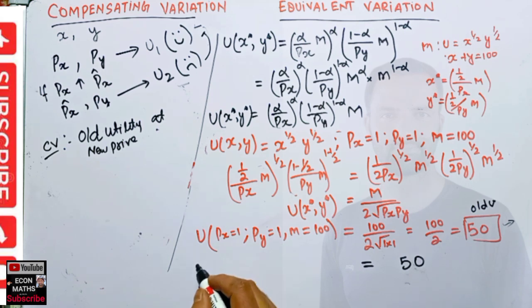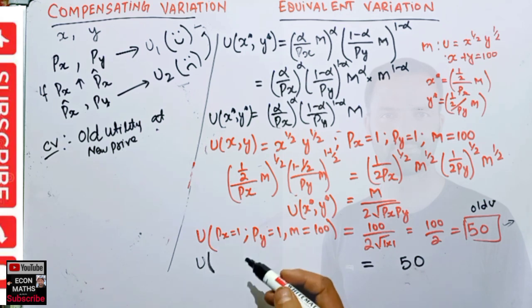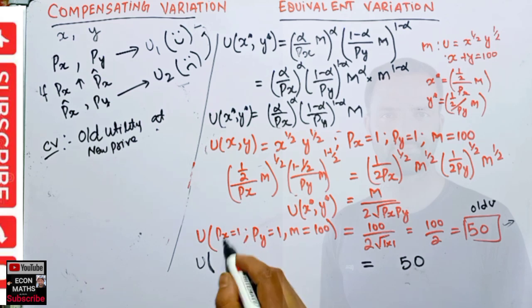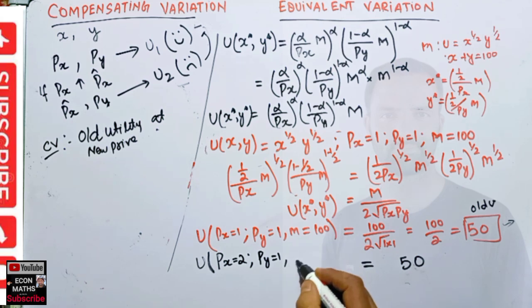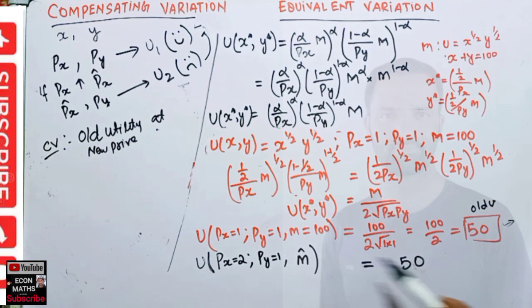So that means, let us say price of x has increased to 2, price of y has remained the same, and we need to see how much money we need to give to the consumer so that he feels as happy as he was earlier. What we did here, we just used old utility and set it equal to the new price.